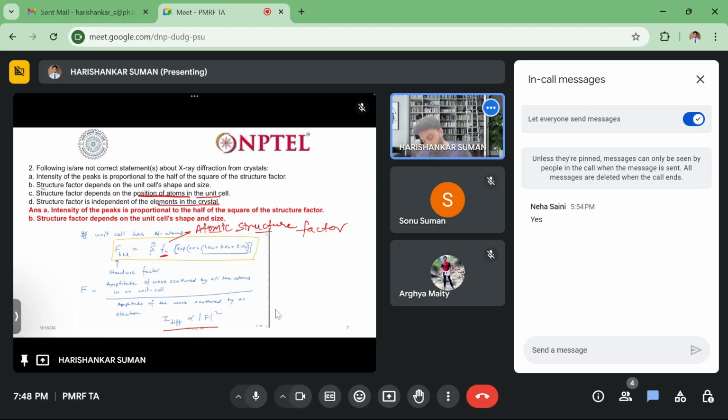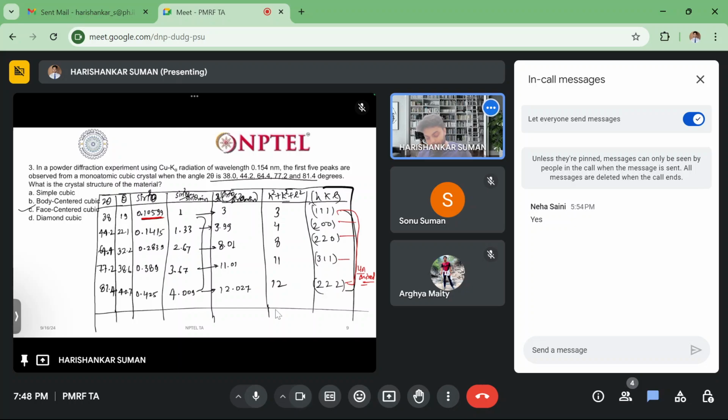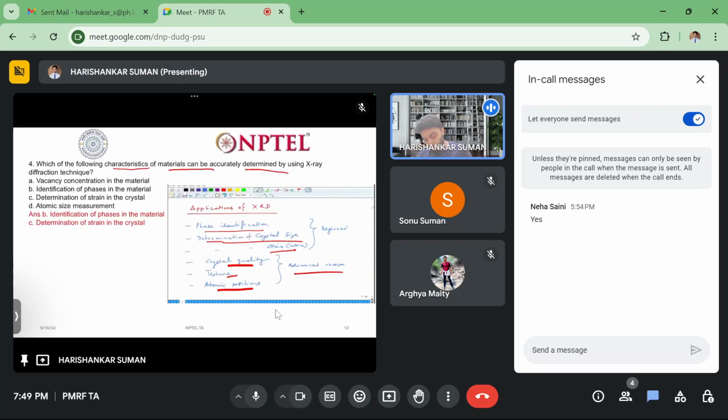Then a similar question about the intensity peaks, also the structure factor. This is the atomic structure factor. Then a question about 2 theta. Then we can determine the type of lattice, simple cubic or body centered. Then we discussed the utility of XRD.